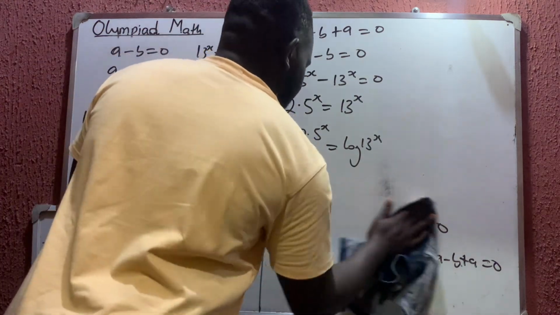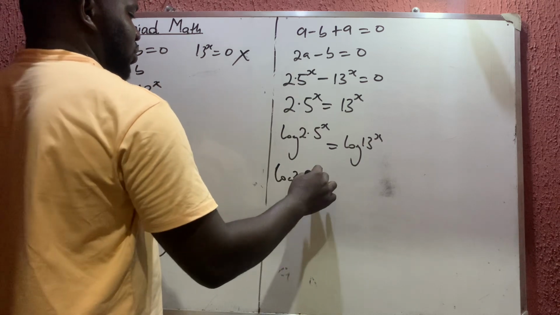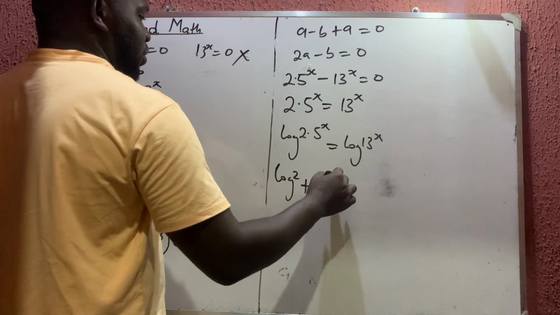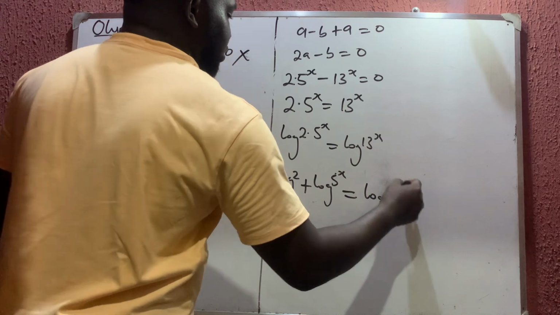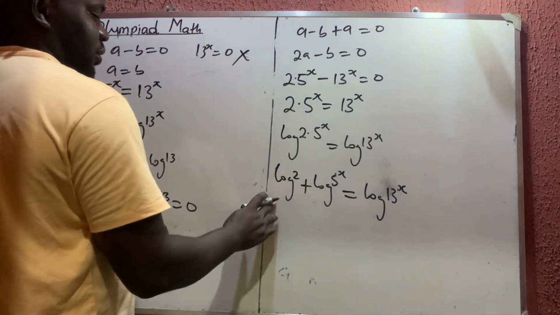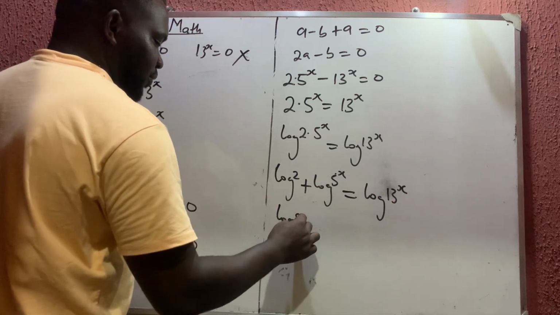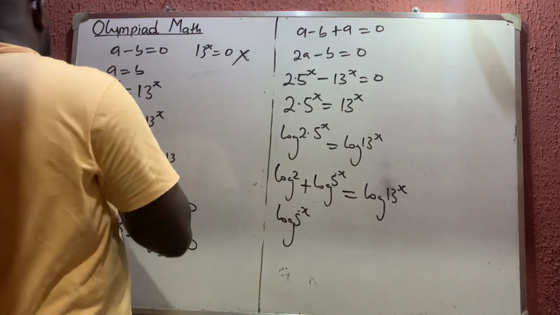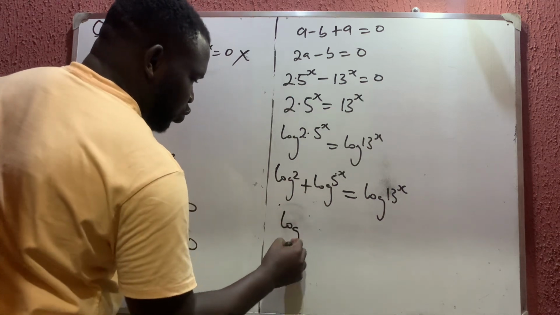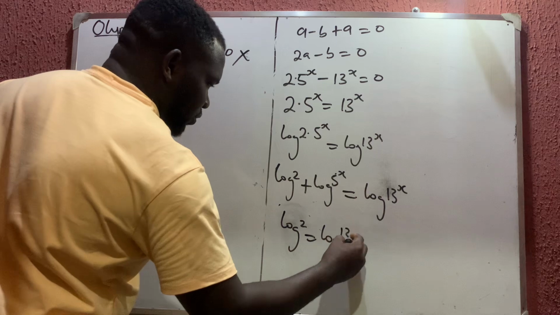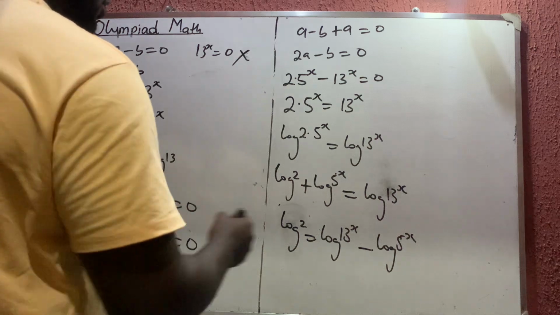So this is going to give me log 2 plus log 5 raised to power x is equal to log 13 raised to power x. Let me bring this to this side. So I'm having that log 2 is equal to log 13 raised to power x minus log 5 raised to power x. So the powers can both go to the back.